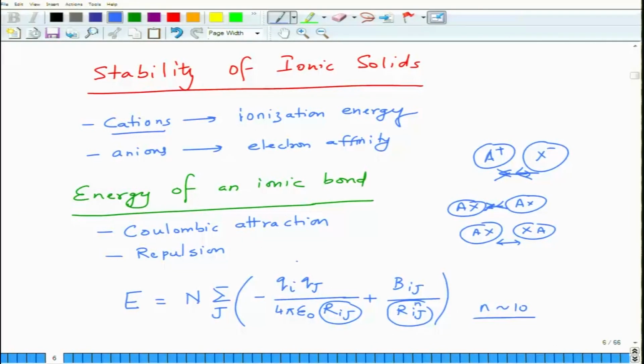So this is a force which is attractive in nature, and this is a force which is repulsive in nature. It is the balance of these two forces which will determine whether you will have a minimum in energy for a structure when you arrange the atoms in a periodic fashion.